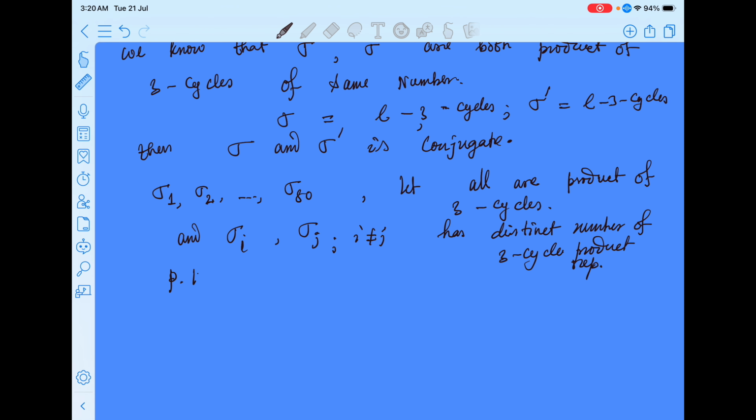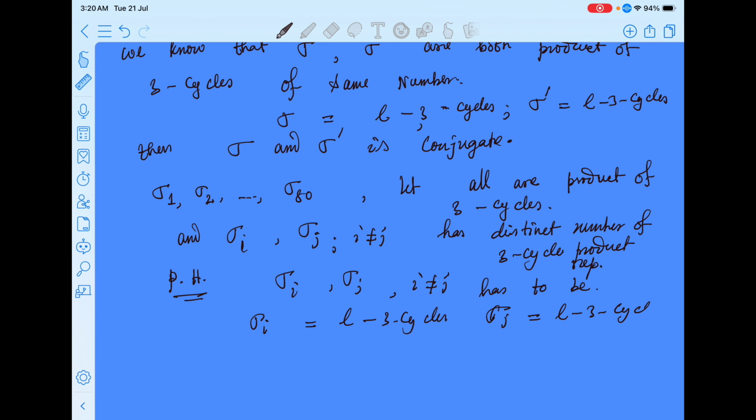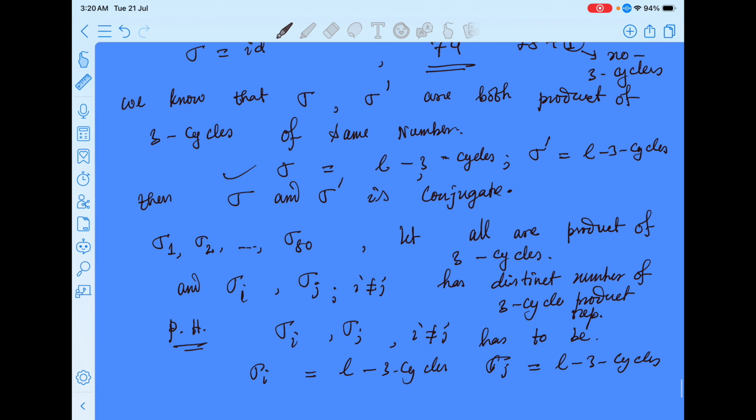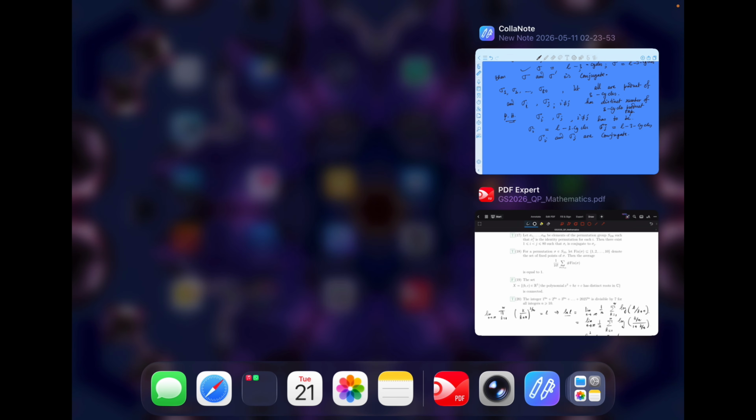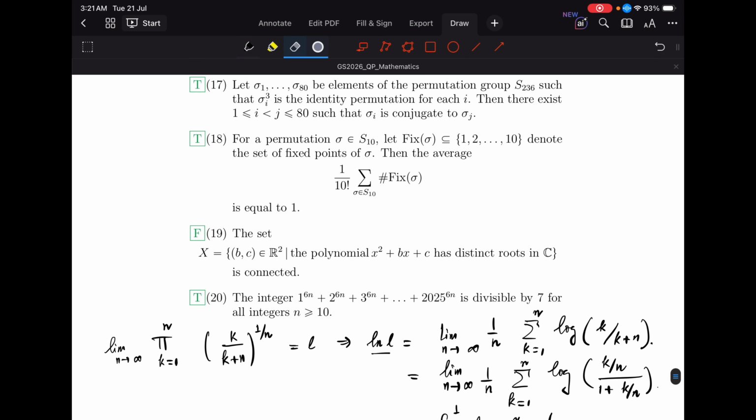Then by the pigeonhole principle we have at least two, for i not equal to j, where sigma i is a product of, let's say, L 3-cycles, and also sigma j is a product of L 3-cycles. Then by this theorem, sigma i and sigma j are conjugate. Okay, so this is true.